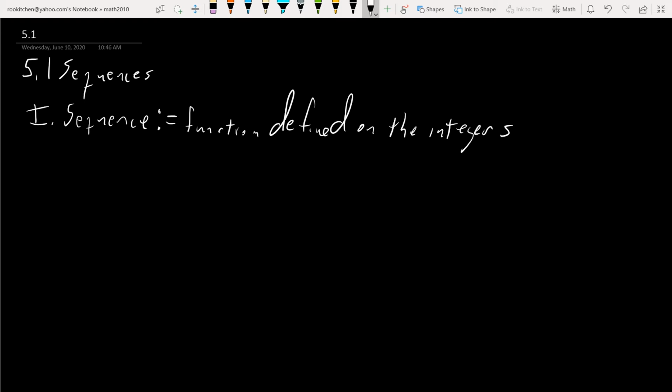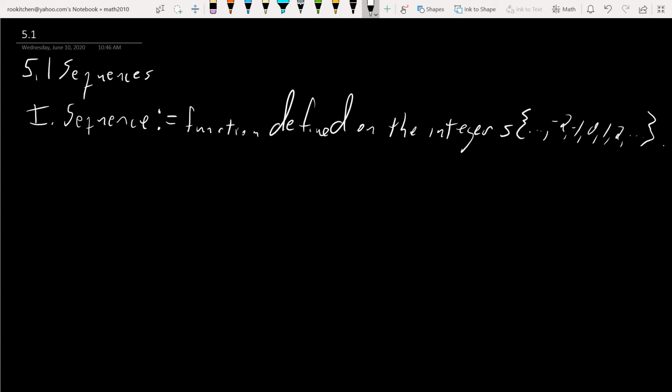So remember, the integers are the counting numbers, the negative counting numbers, and zero. Generally, we'll start at 0 or 1.